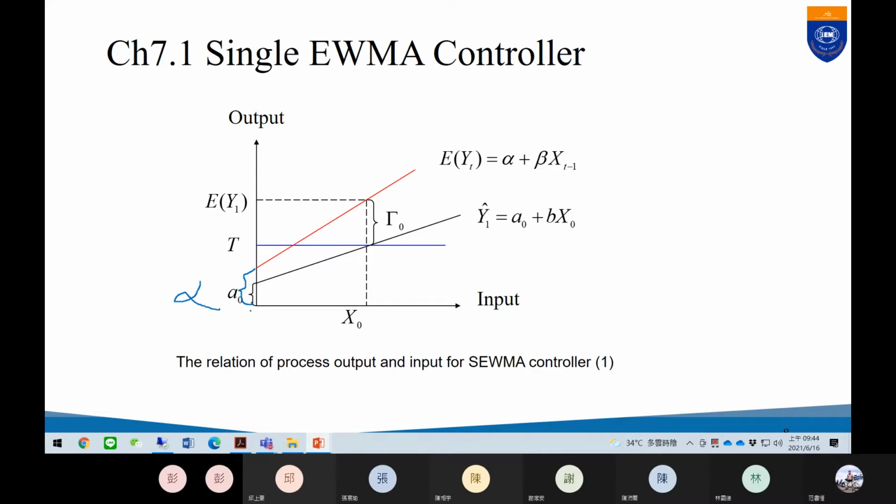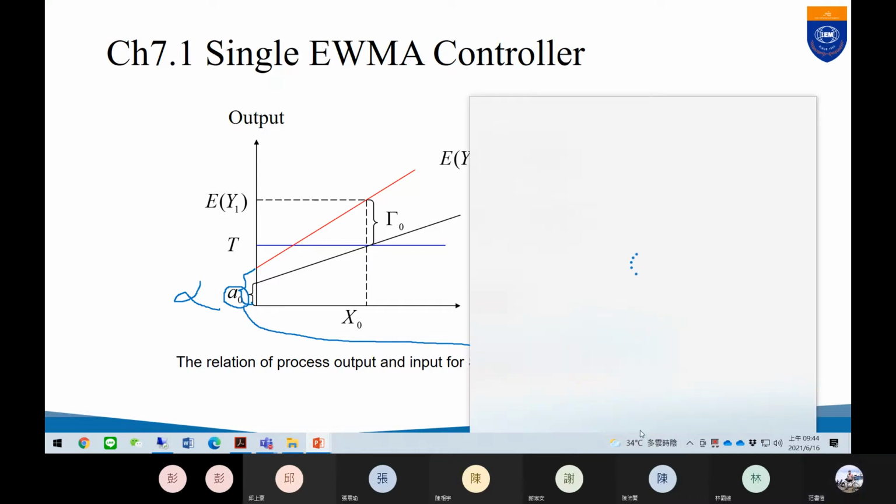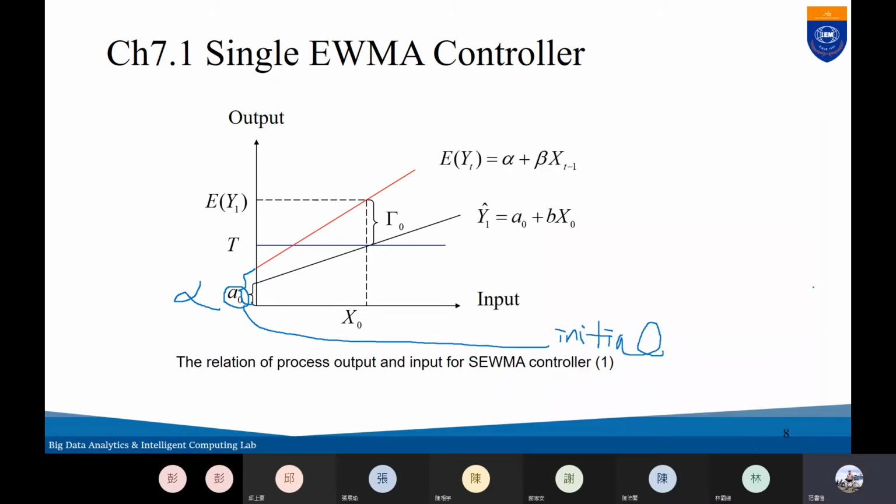So the A0, this is the initial estimate. Geez, really ugly. How can I remove it?